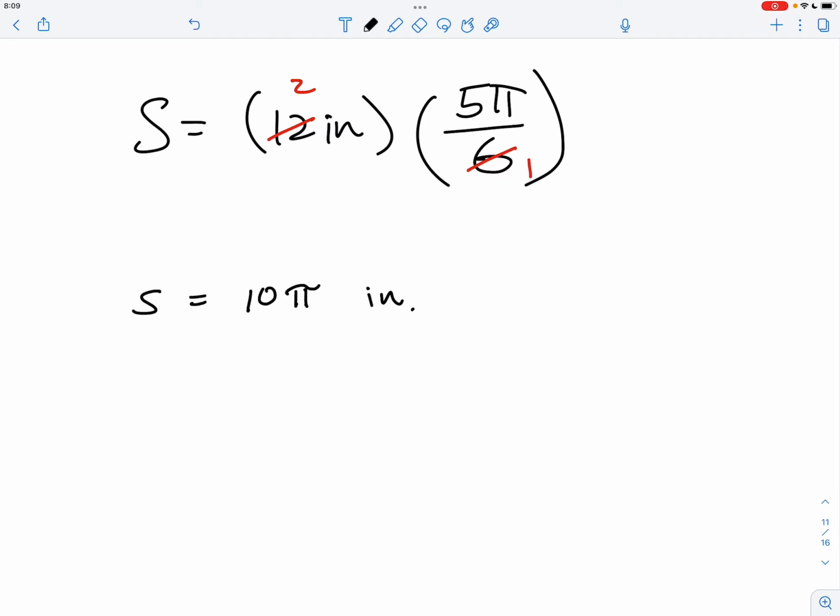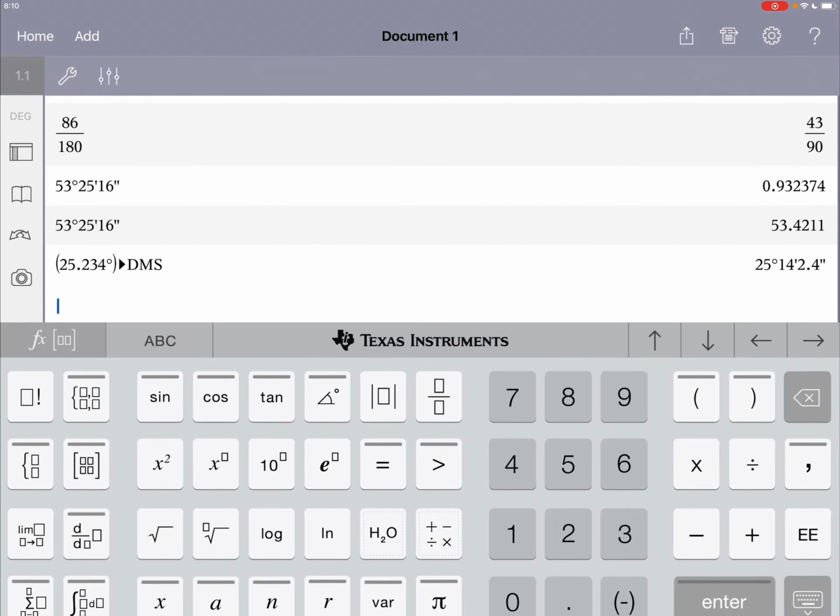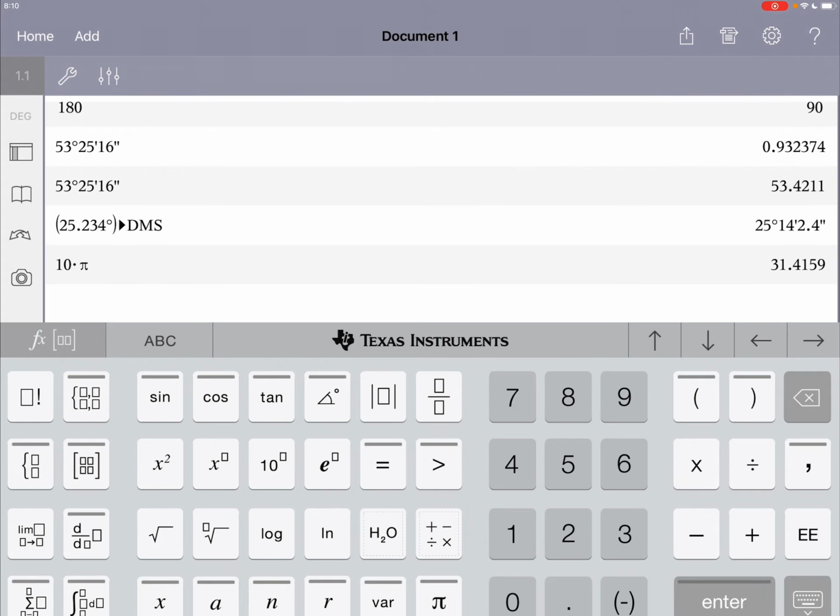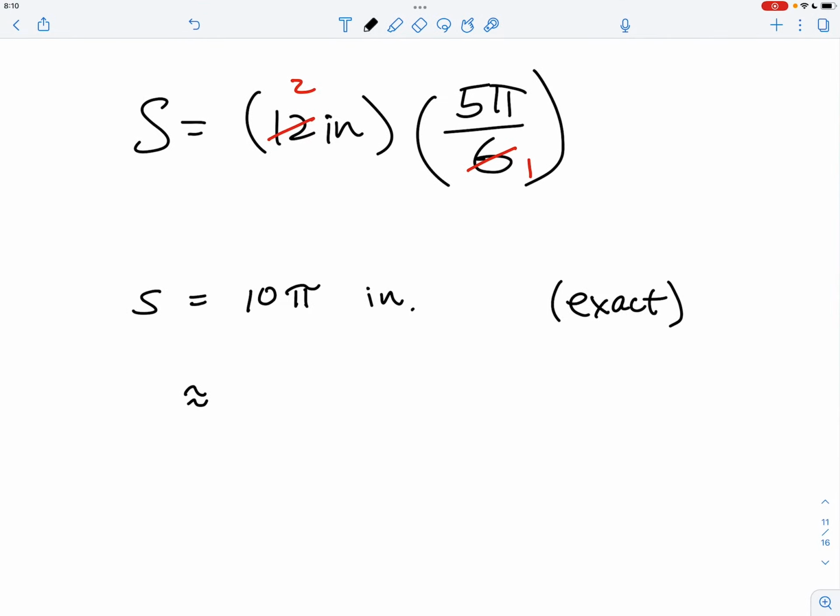10 pi inches. The instructions say to give an exact and an estimated answer. This is your exact answer because we're not rounding anything. 10 pi is the exact answer. And for the approximated answer, you type in 10 times pi, and it gives you 31.416, which you round to 31.416 inches.